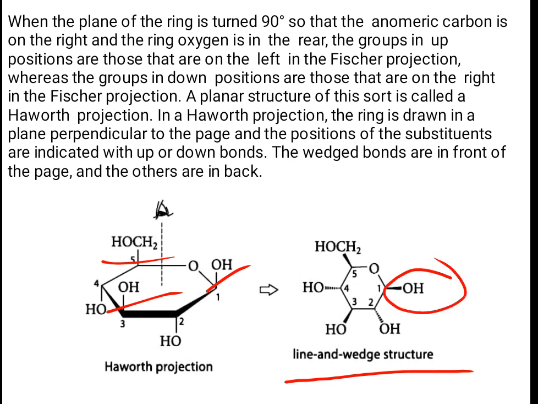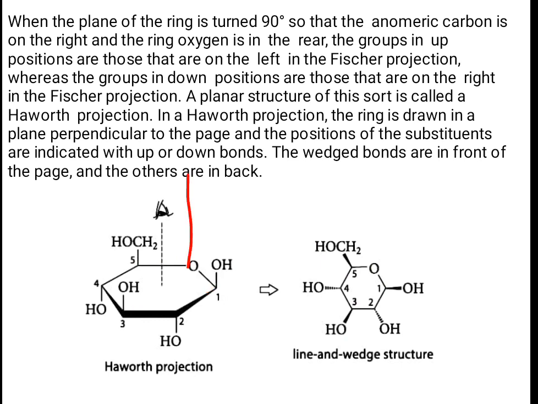Okay, bold structure, OH, OH and CH2OH. And you are obviously just watching this molecule from this direction. That's why these three positions are in front of your eyes, and this OH, OH are in back of your eye. That's why this OH will be dashed.